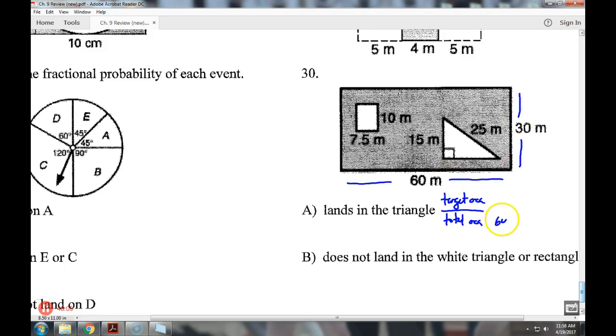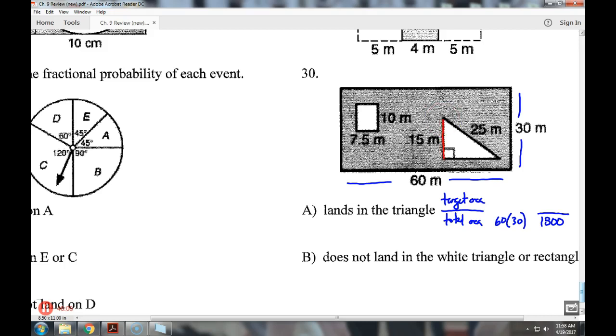So 60 times 30, that's 1800. The target area is this triangle that is 15.